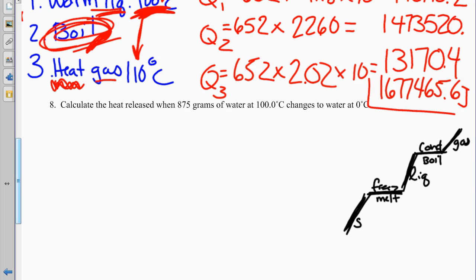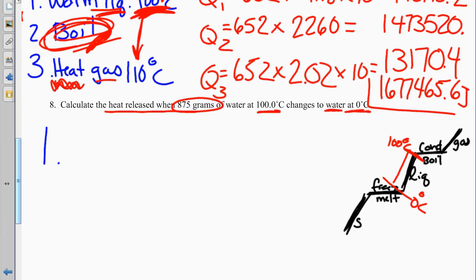So, in your head, because this one's a little bit challenging, calculate the heat released when 875 grams of water at 100 degrees changes to water at 0 degrees. Hopefully, you figured out by now, there is just one cue. You are liquid water at 100 degrees Celsius, and all they want you to do is cool down to liquid water at 0 degrees Celsius.